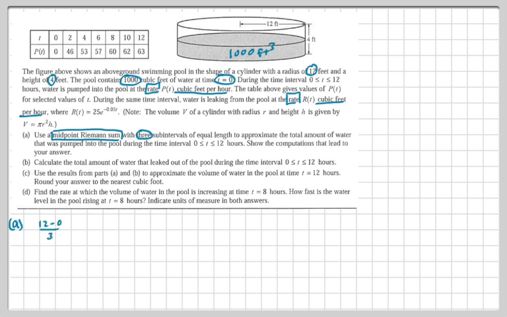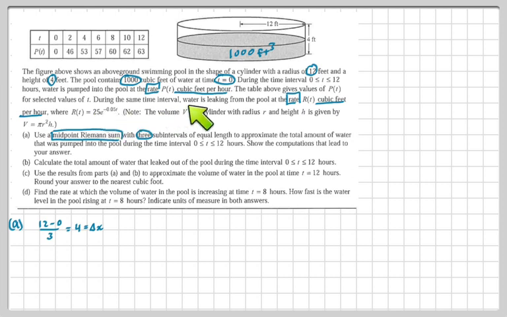Okay, so we have an interval that goes from 0 to 12, some more numbers there. And since we're doing 3 equal parts, I just divided it to see what the delta x would be. And then I consider the table that they give us, because what we're doing is finding the total amount of water that is pumped into the pool.